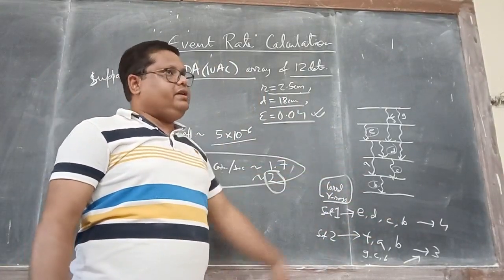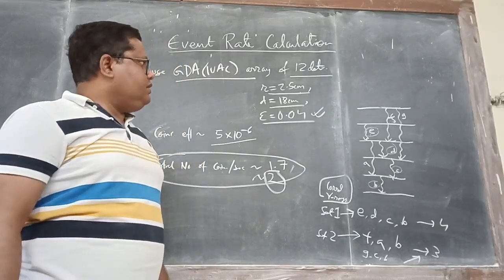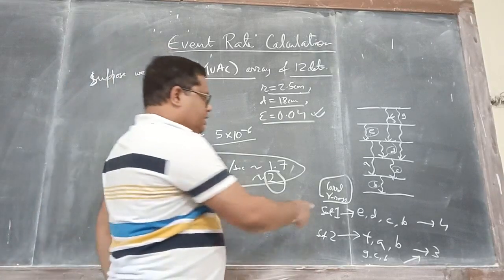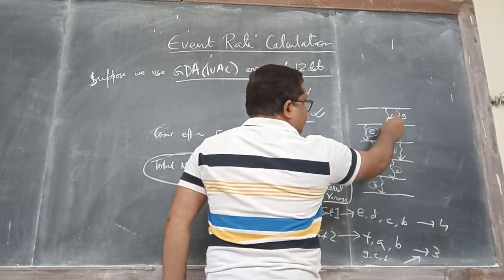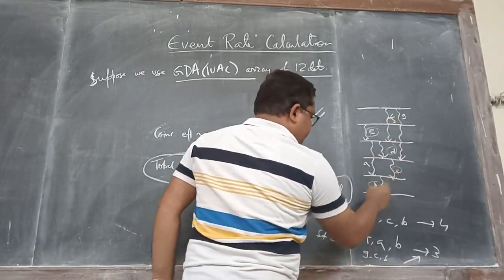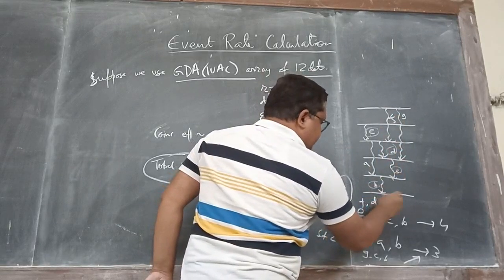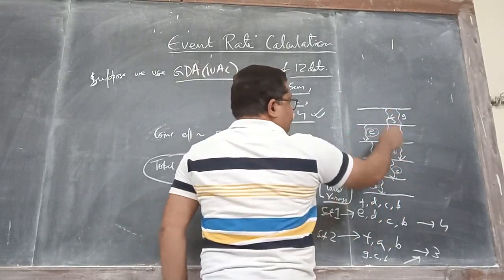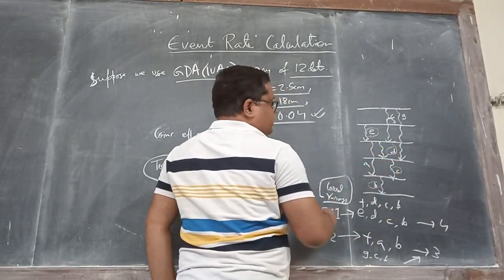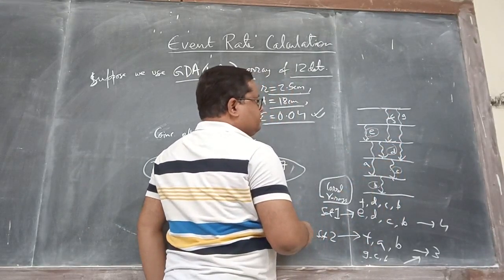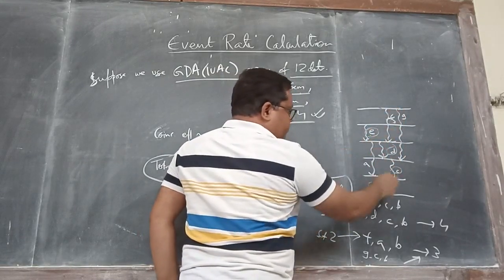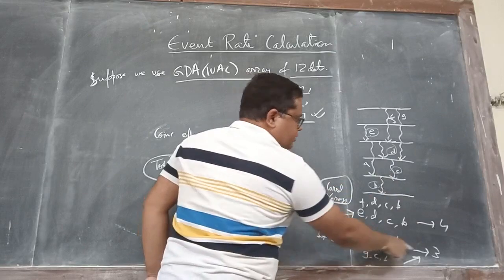Similarly, I can have F, D, C, B. Or if I use this branch, F, A, B, then again I will have 3.